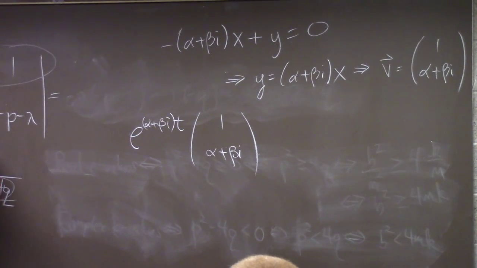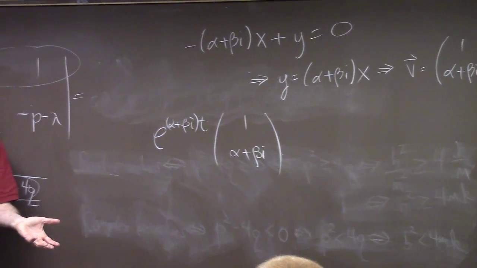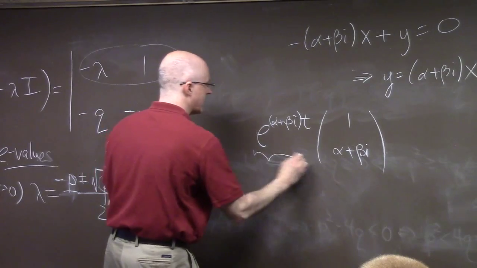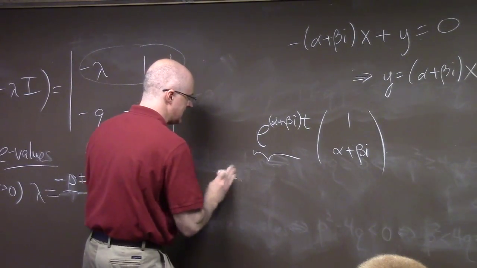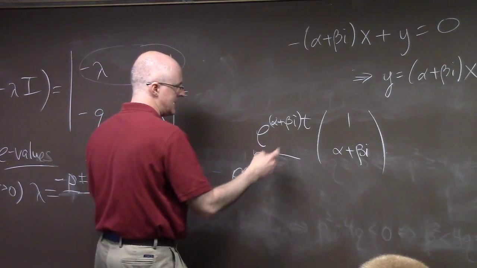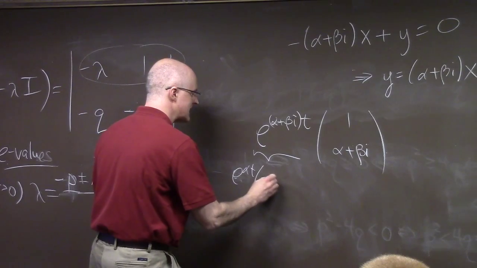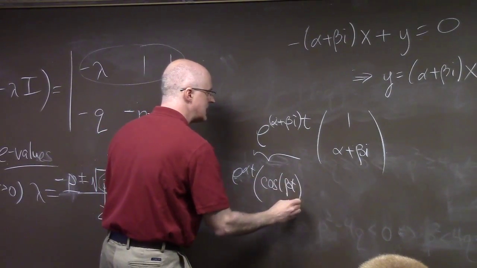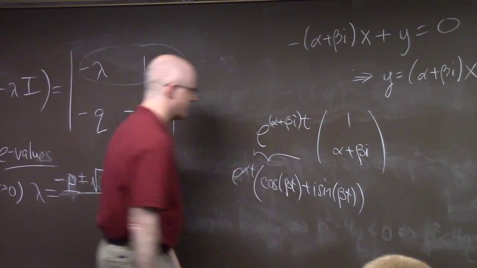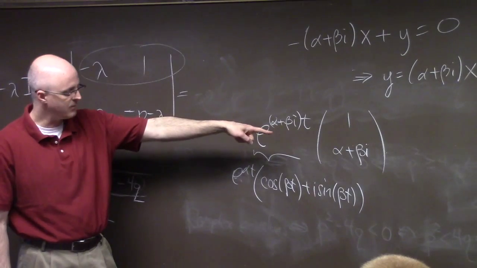Take the real part and the imaginary part, they are both real vectors, and make a general linear combination. So now I expand this out. This is the same as e to the alpha t, which I can just leave in front, times e to the beta i t, which is the same by Euler's formula as cos beta t plus i sine beta t. Multiply that times that complex vector.